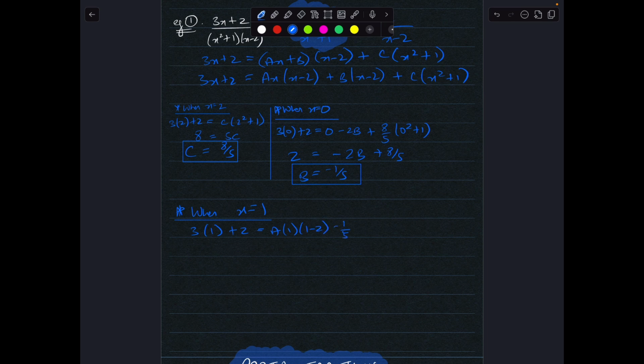Substitute b, 1 square plus 1, and I'll end up with minus a, and minus 1 over 5 becomes plus 1 over 5, and 16 over 5 here, and a turns out to be minus 8 over 5.